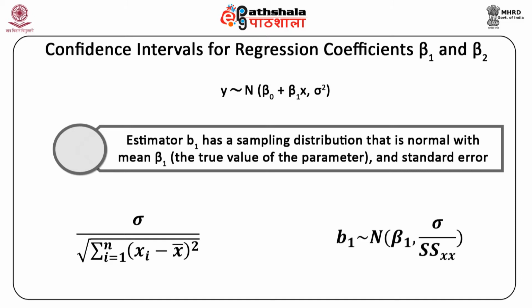That is, b1 is normally distributed with beta 1 as mean and variance sigma squared by SSxx, where SSxx is the sum of the squares of x from x only.